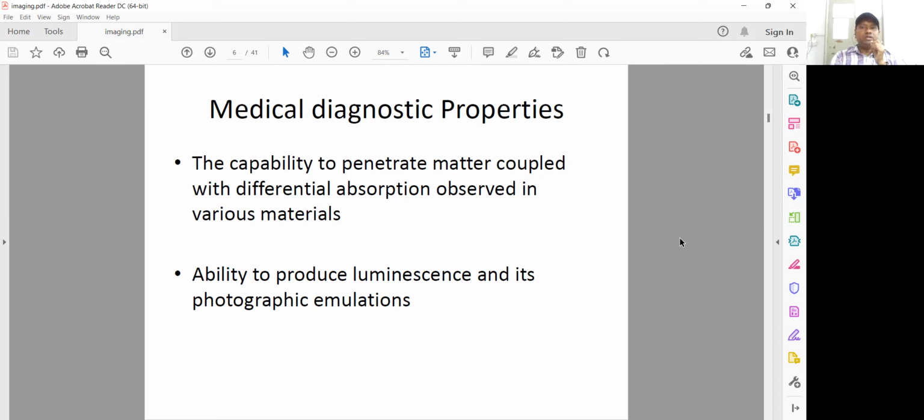We will discuss this point afterwards. And the next point is the ability to produce luminescence and its photographic emulsions. So these two are the medical diagnostic properties of X-ray.